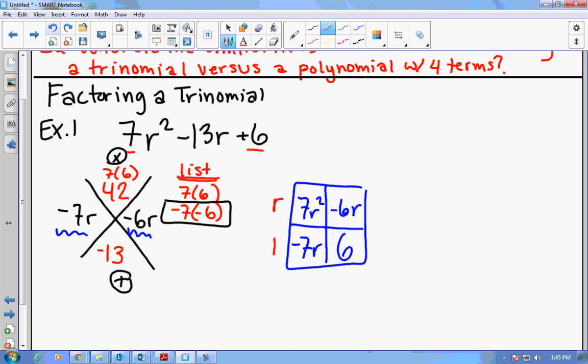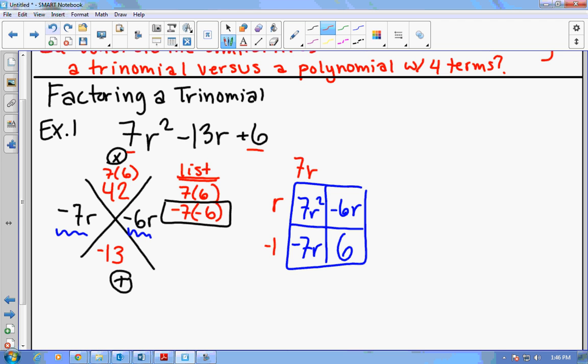And the first column. What's the first column, Cassie? Oh, this is what most people were missing. 7r. But look at your signs. A positive times a positive is a positive. And a positive times a positive will not make that a negative, so that's why it should be a negative 1.